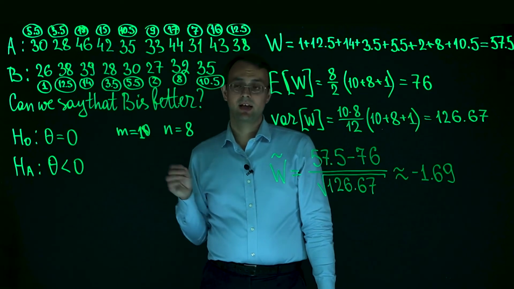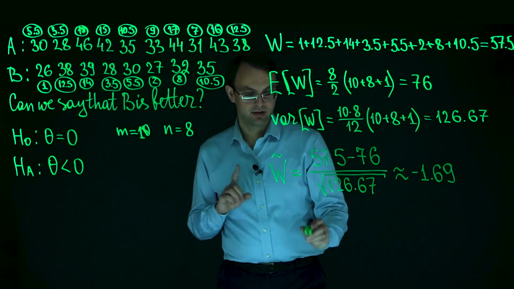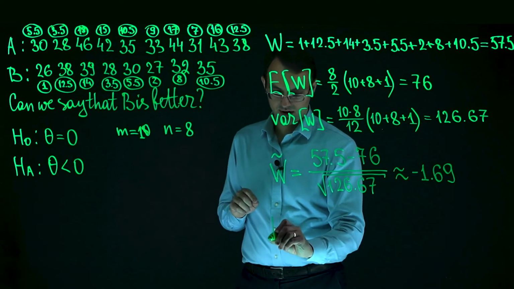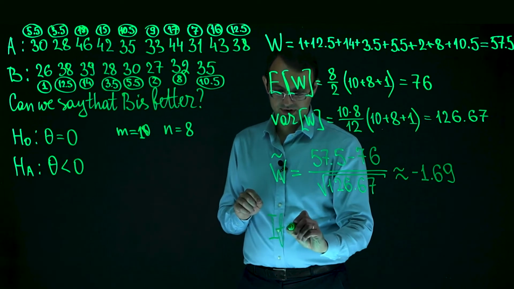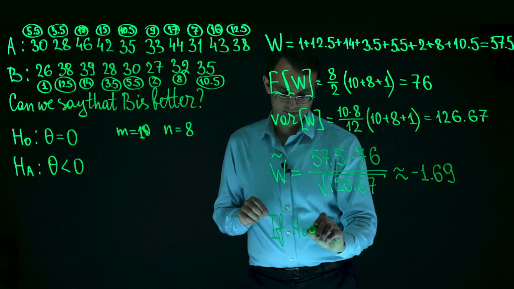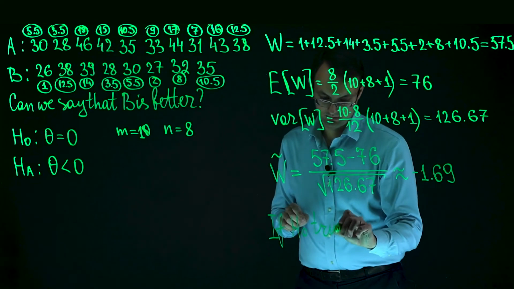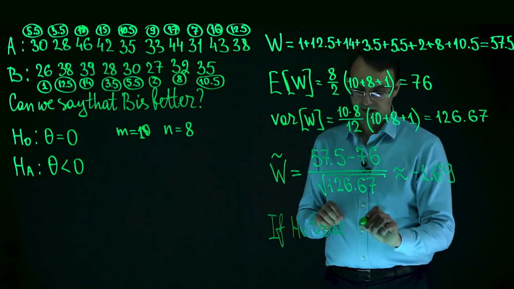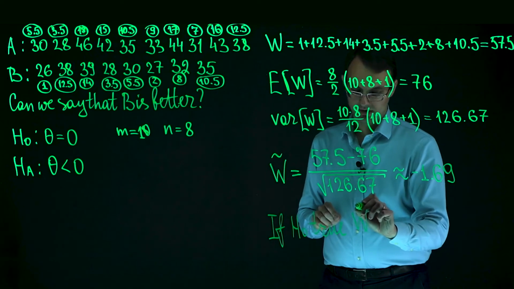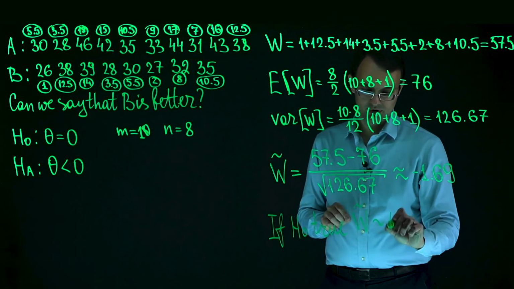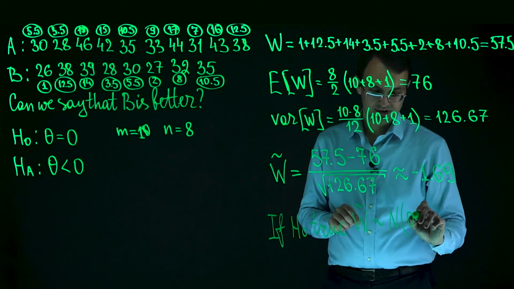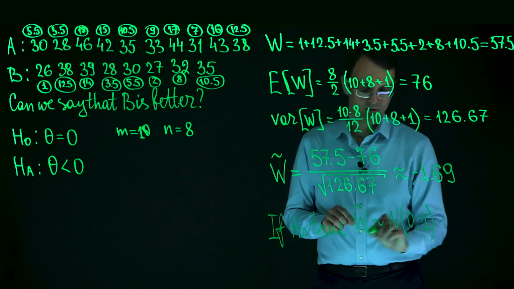Now we say that under the assumption that the null hypothesis is true, the test statistic is asymptotically distributed according to the standard normal distribution law.